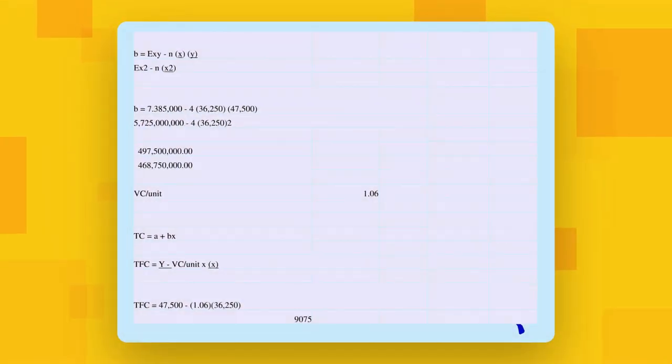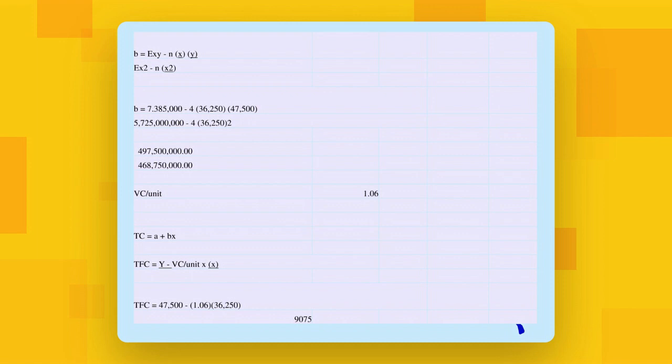We go now to this formula. So what is the formula? The formula here is the summation of XY minus N multiplied by the average of X multiplied by the Y average, divided by the summation of X squared minus N multiplied by X average squared.